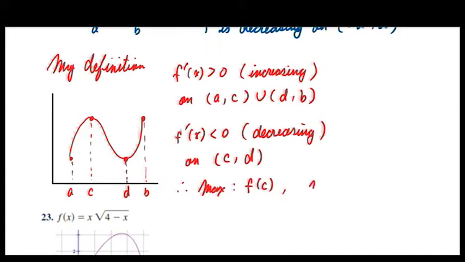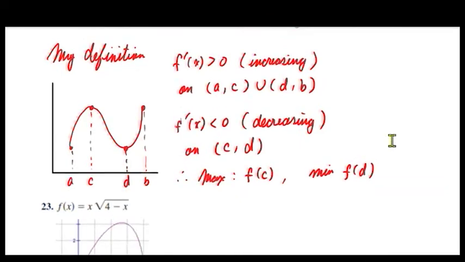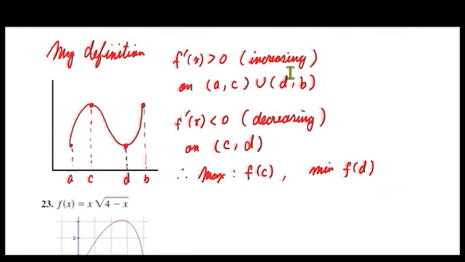And min f of D. This is my way. And it's critical you do it this way in order to get away from this idiotic definition. Now, in your book, they always put the brackets, right? Because they want to say function is increasing, and then according to the definition, this needs to be a bracket. So I want to get away with all that.